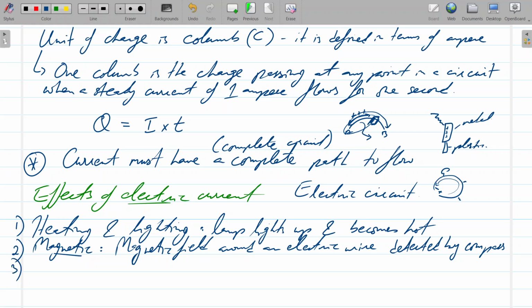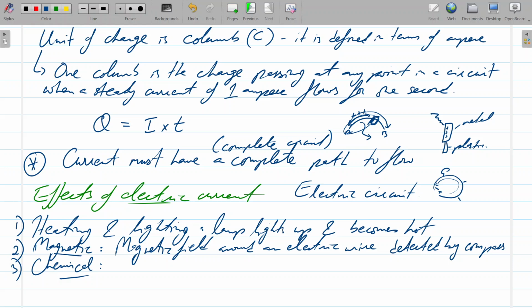And the third effect is a chemical effect. Since we've done this in chemistry, remember electrolysis? What was the whole point of electrolysis? Electricity being passed through substances to separate their ions.